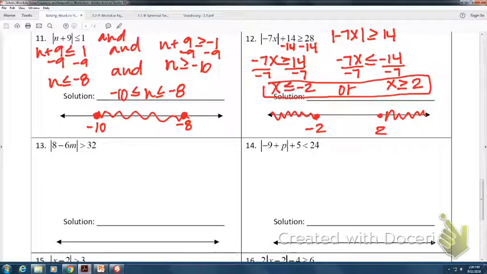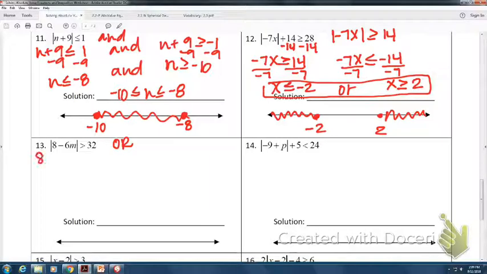Okay, 13. Absolute value of 8 minus 6m is greater than 32. Is it or or and? Or. Am I isolated? Yes, so now I can solve.